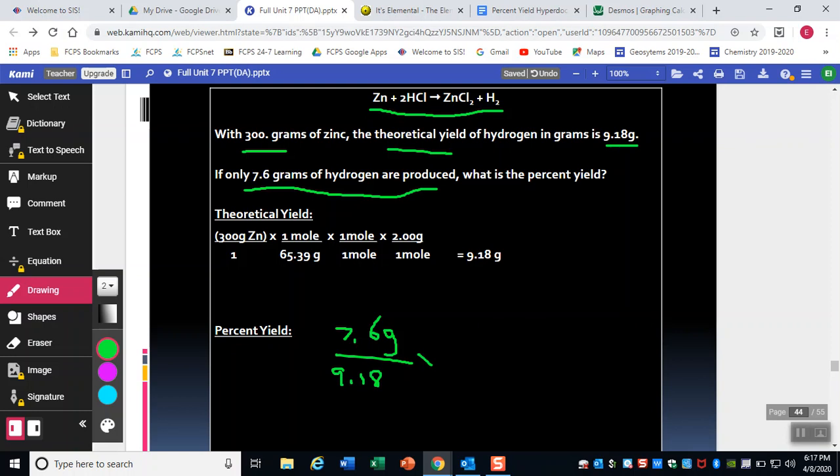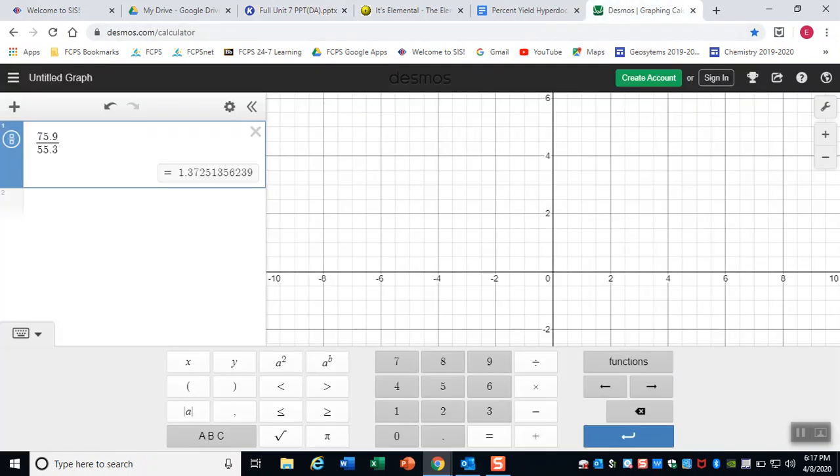It's kind of like when we did percent error, it's the same thing. So 7.6 divided by 9.18.